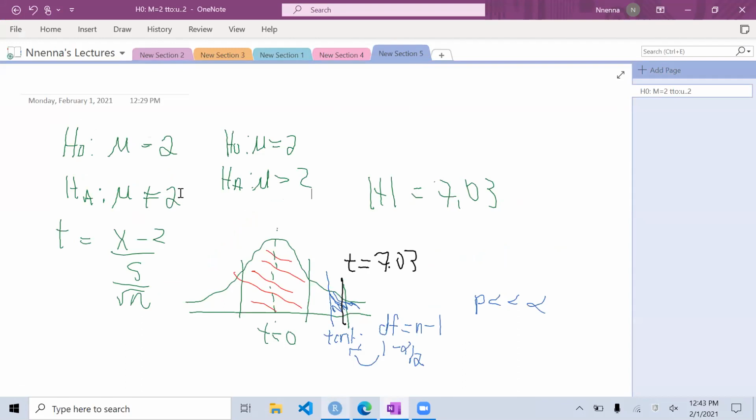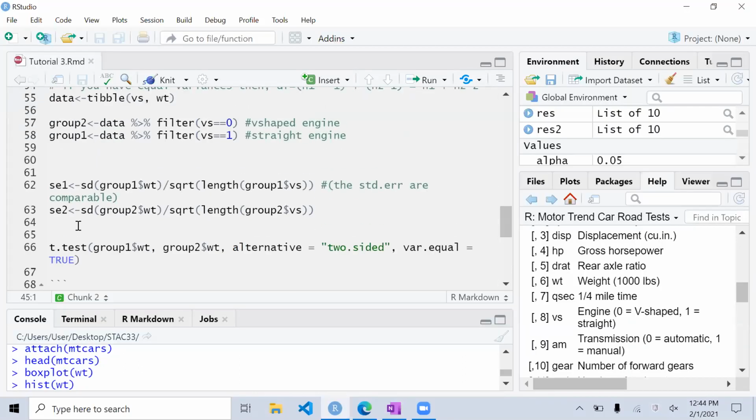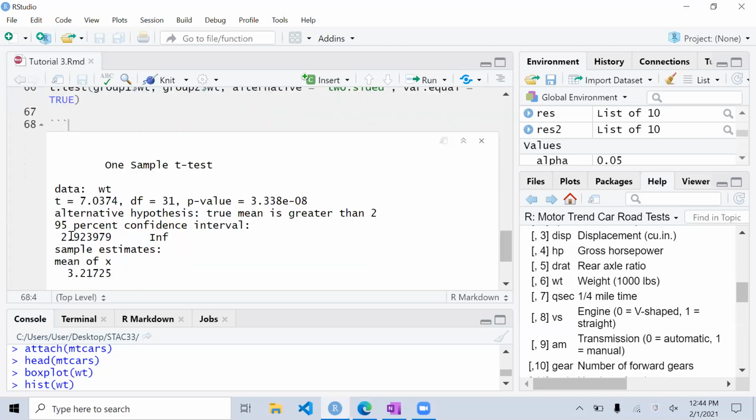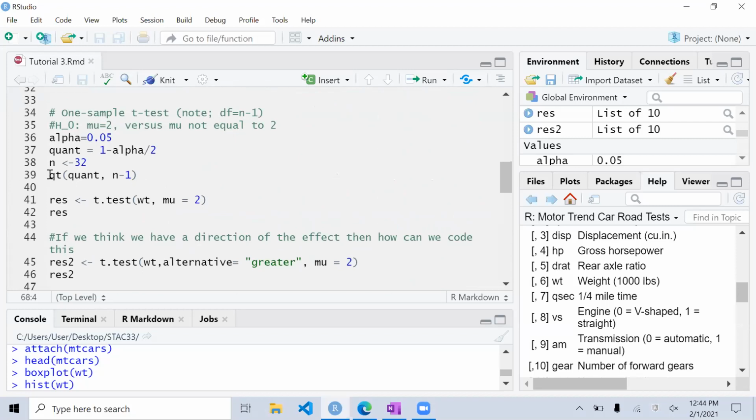The function they used was the qt function. qt is a built-in function in base R, and as long as you give it an alpha level and degrees of freedom, it will give you a quantile. So what is the t value for alpha equal to 0.05? You're looking at the 97.5 percentile.